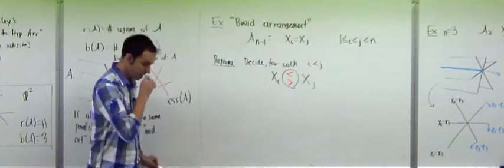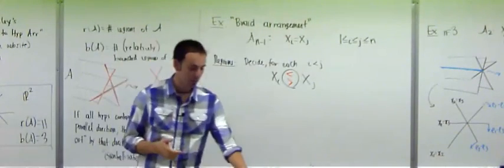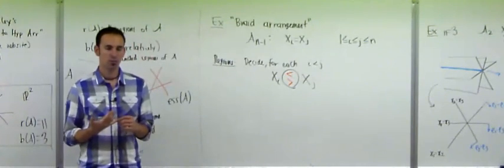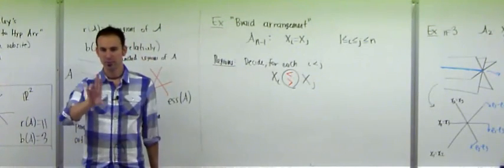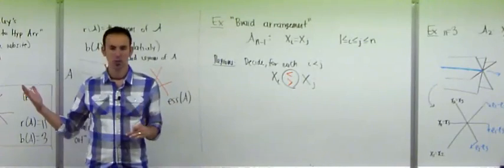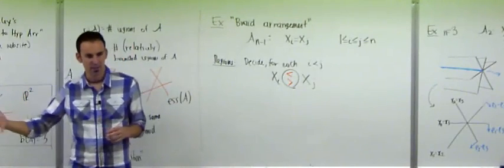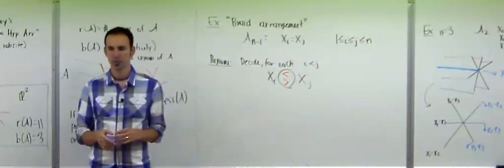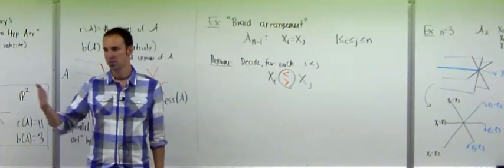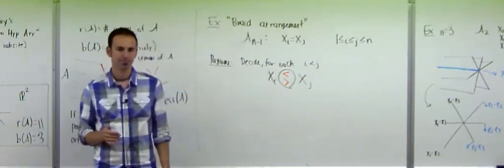Okay? But I have to do this for every single pair. And so that means that once you decide for each pair i and j which variable is bigger than which, when you're done with all those decisions, you will have specified a linear order of the variables, right? If you know who's bigger than who, if you can compare every pair, that means that you know how to order them left to right. Okay?